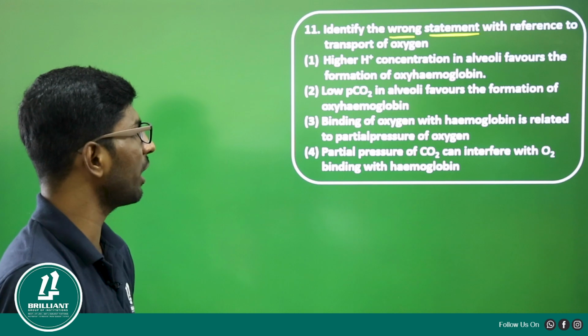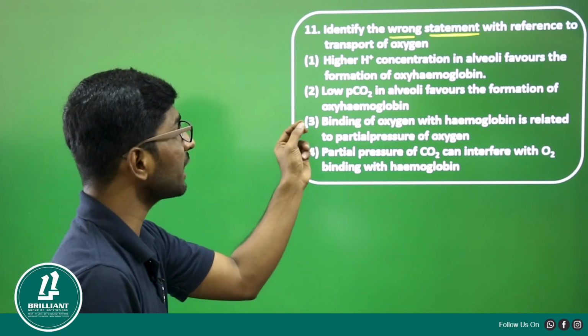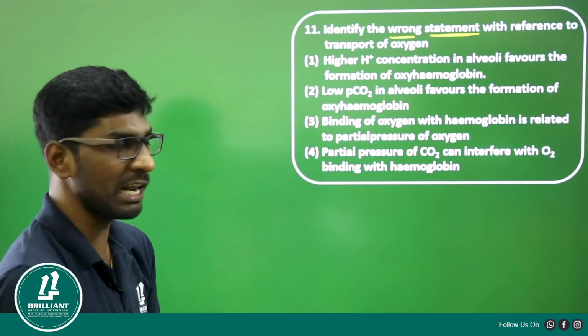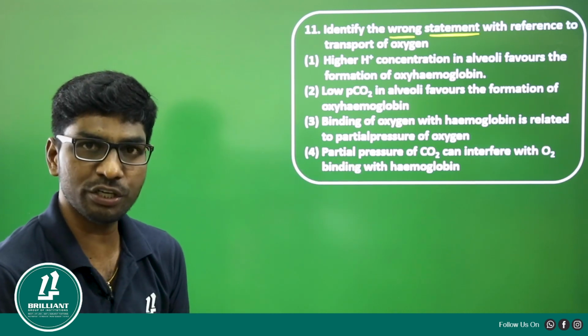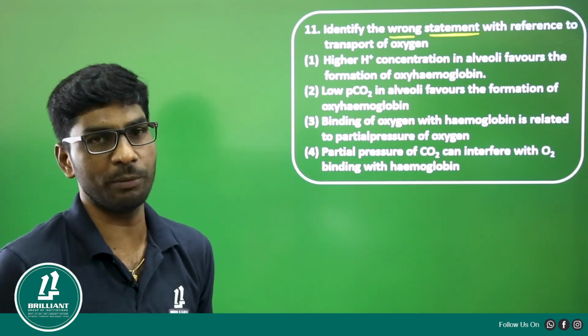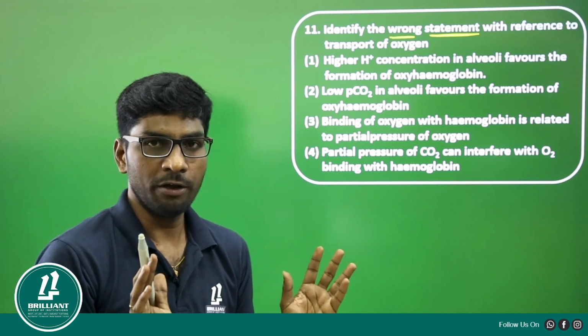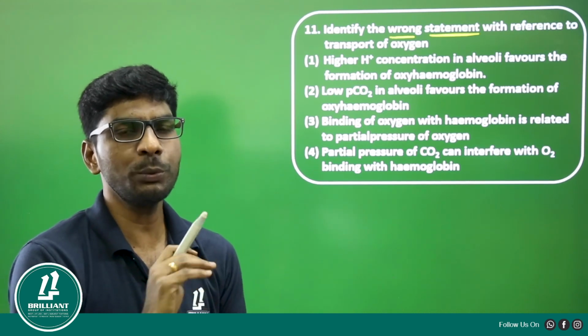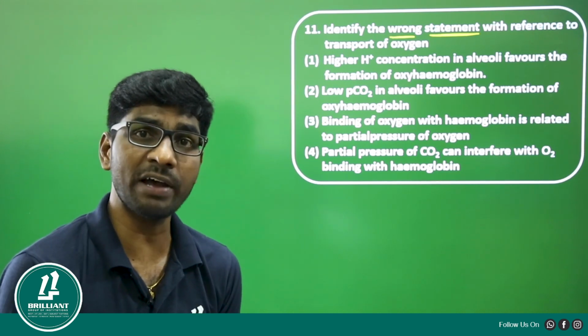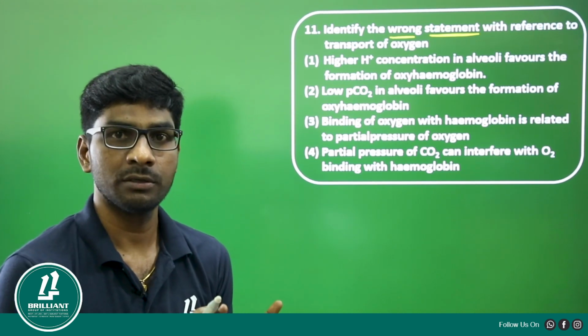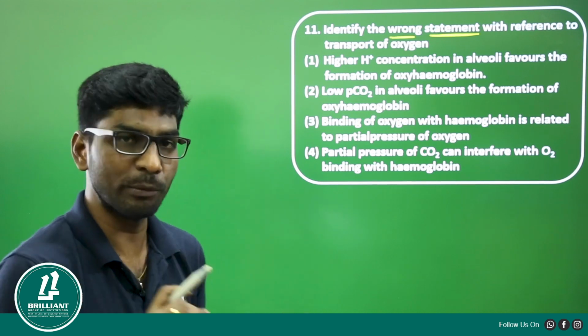Option number 1, higher H plus concentration in alveoli favors the formation of oxyhemoglobin. Students, wait a moment. We need to understand how many factors at the alveoli affect the formation of oxyhemoglobin.